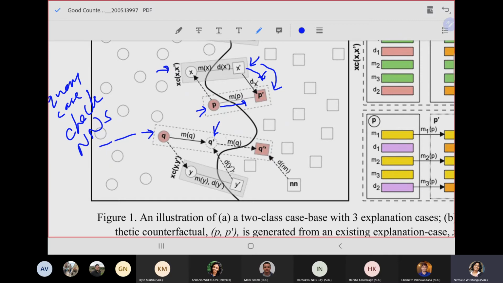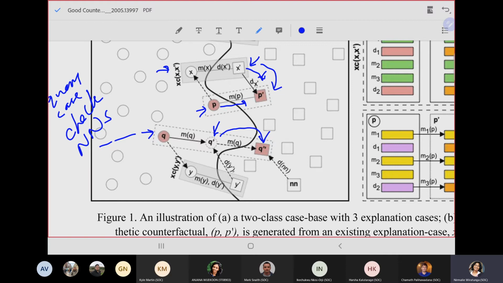So what they say is, okay, if we want to move it toward the other side of the boundary, what can we do? They suggest we take this query case here and find the nearest neighbors. If you find a nearest neighbor here, try and use the feature values from that nearest neighbor to do an adaptation step.